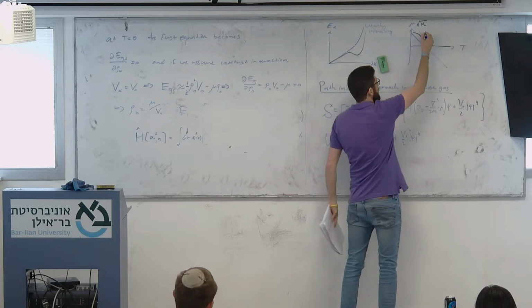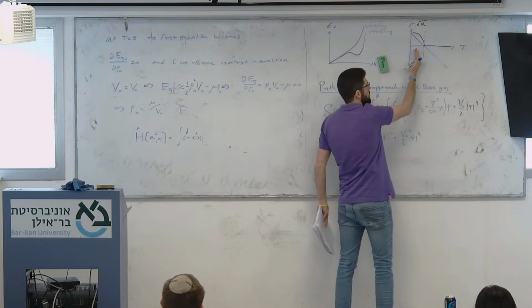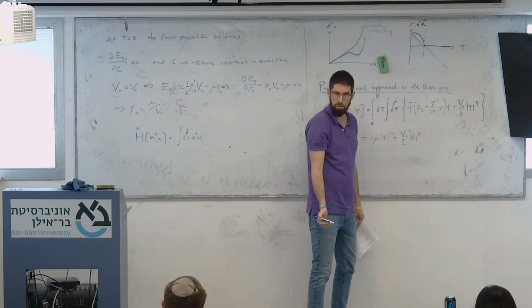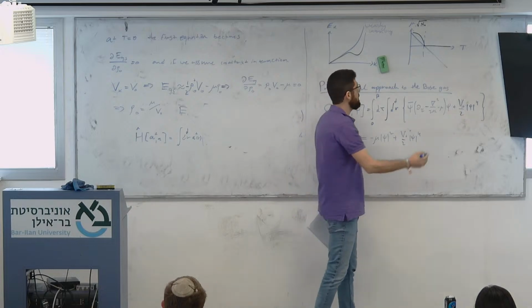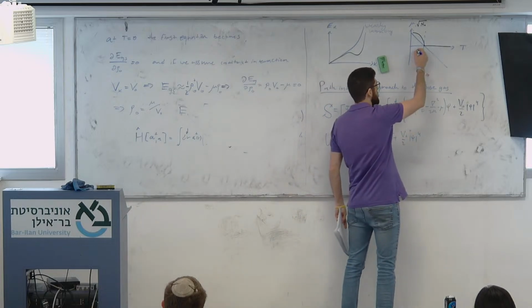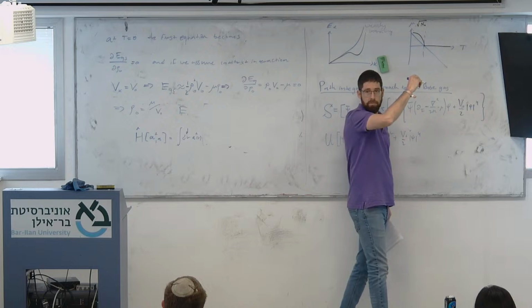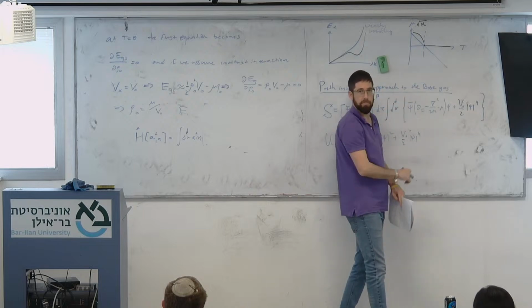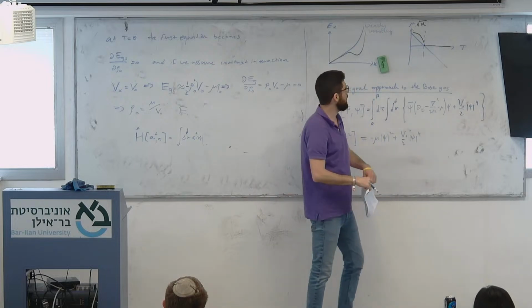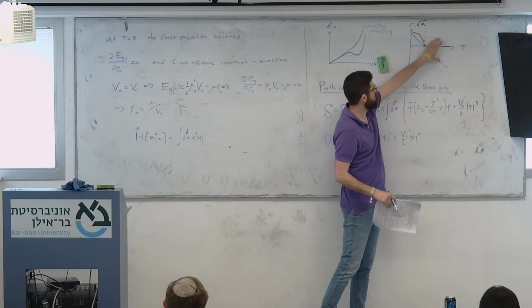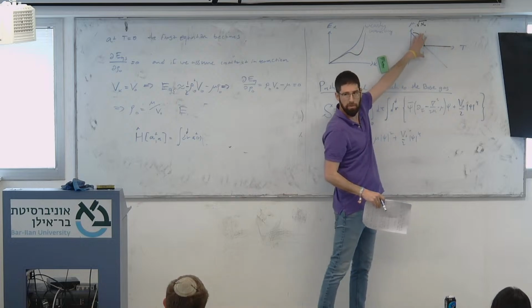What separates this low temperature regime from this high temperature regime? What happens here as opposed to here? What is the difference?